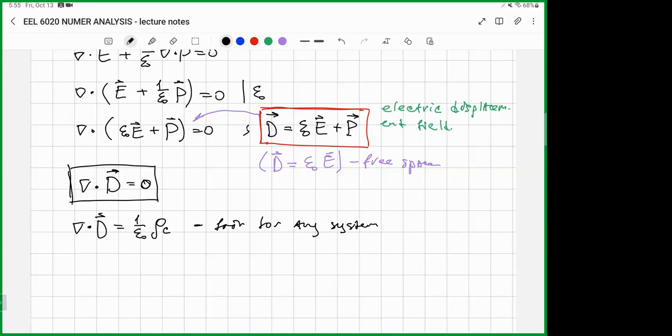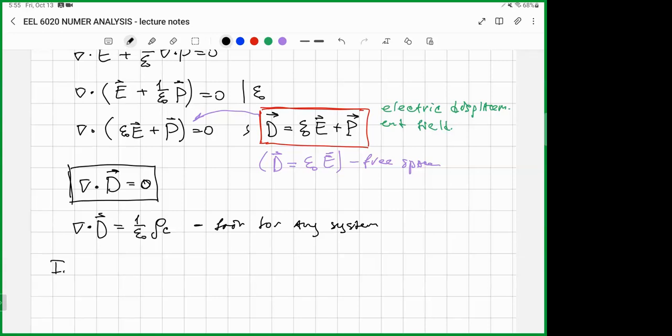But thus far we discussed dielectrics. So we say that polarization is caused by electric fields, but what is the dependence of polarization on electric field?